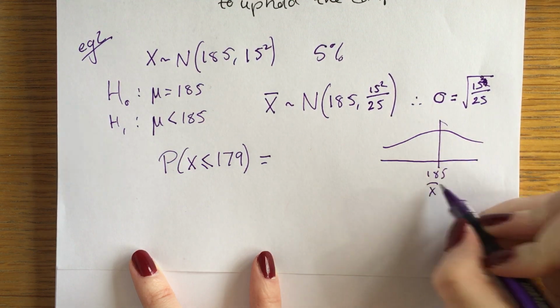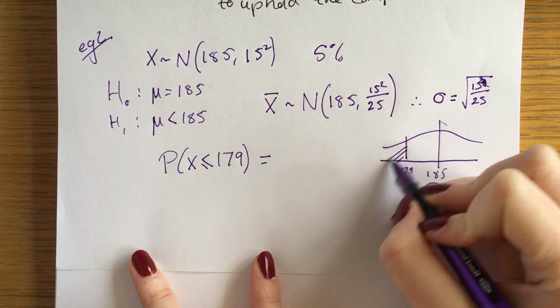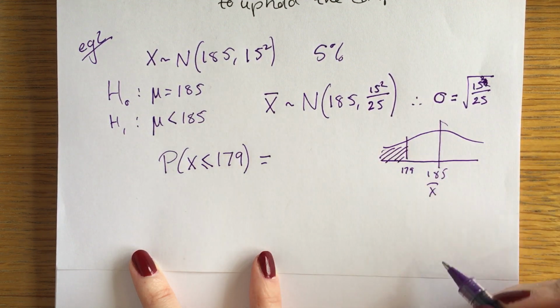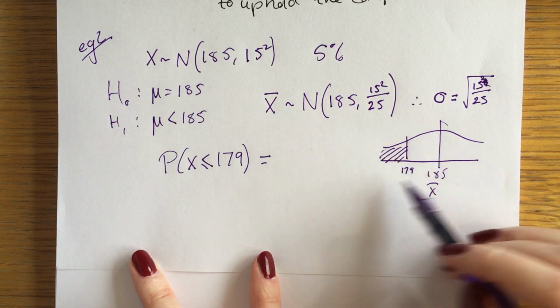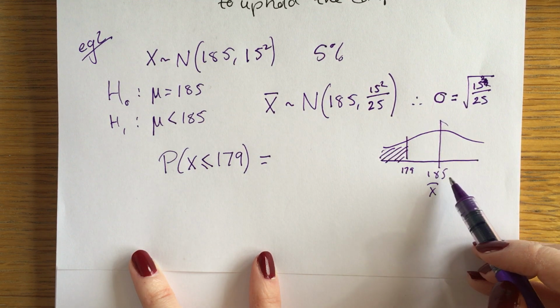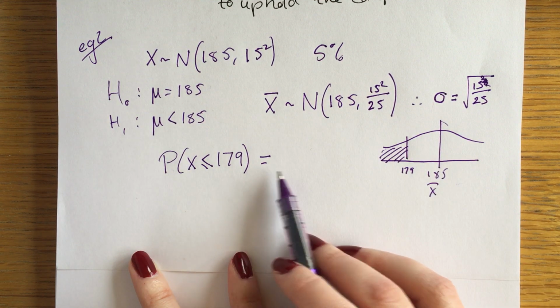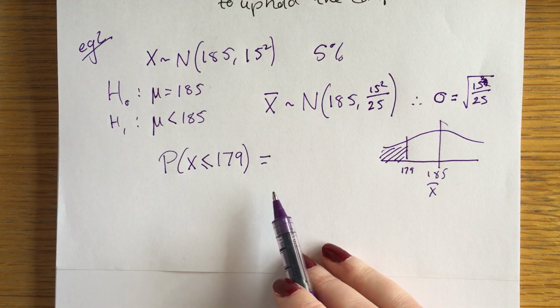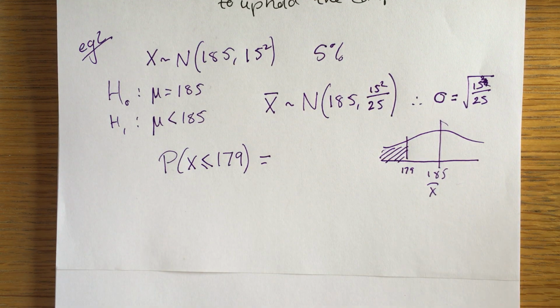So this is the distribution of the means. We want to know the probability of getting a mean of 179 or less, because if it's a big enough probability based on this normal distribution, then we can say the formula hasn't been improved, but we want to check that probability first.